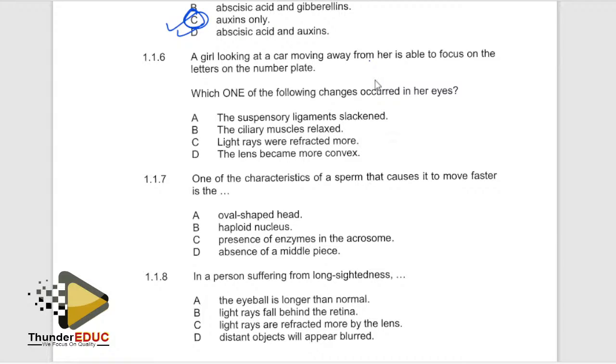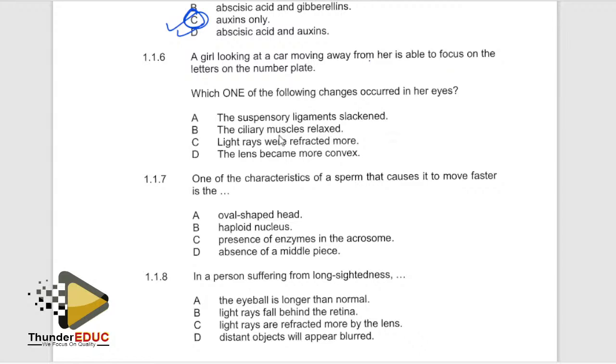Now here they're saying the letter on the number plate, meaning you are looking at the small thing, from a near to a far object. Which one of the following changes occur in her eyes? When they ask you that, you explain what is last. That's what I said yesterday. Here you have to look at a far object.